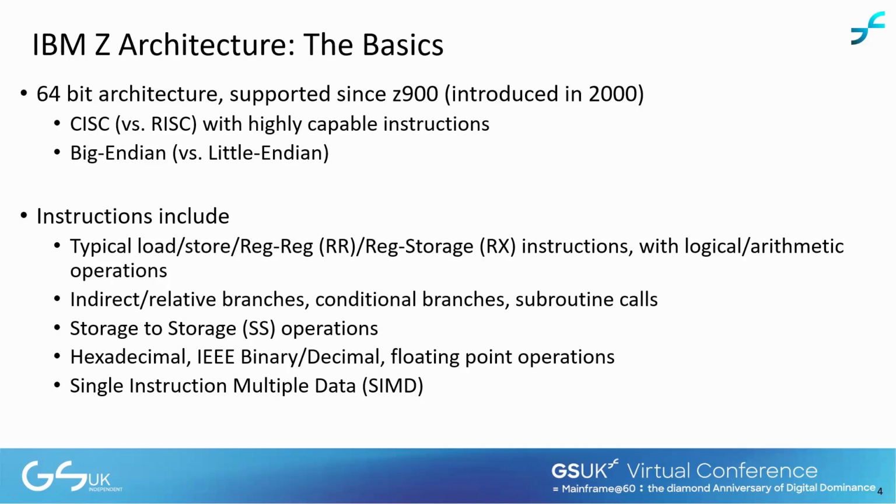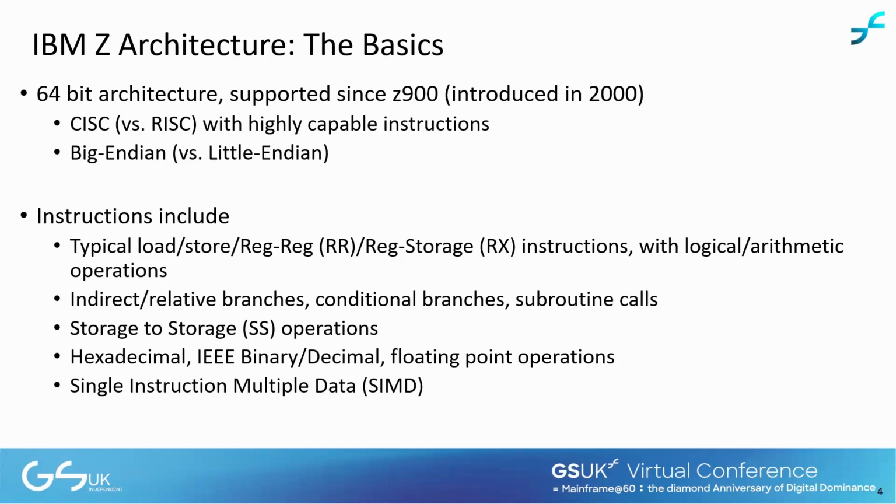Whereas, as you can see down below, Z has these RX format instructions where one operand is a register and another is a storage-based operand. So you can do an add of a register against storage contents without having to do a separate load and then a separate arithmetic that only operates on register to register type arithmetic.